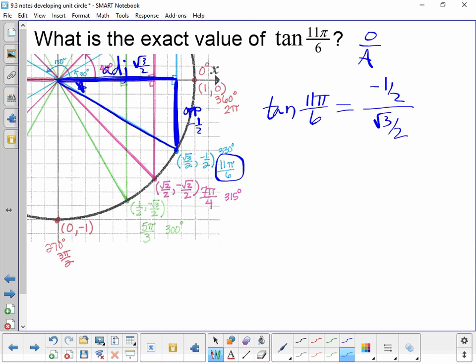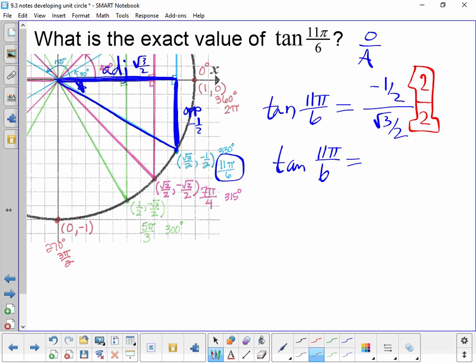Now this is a compound fraction, and it can be really tricky for people to simplify and figure out how to get the value of that. In math, if I'm having a hard time simplifying, sometimes I like to try multiplying by a fancy number 1. The fancy number 1 I'm going to multiply by right now is the number 2 divided by 2. That's a really fancy number 1.